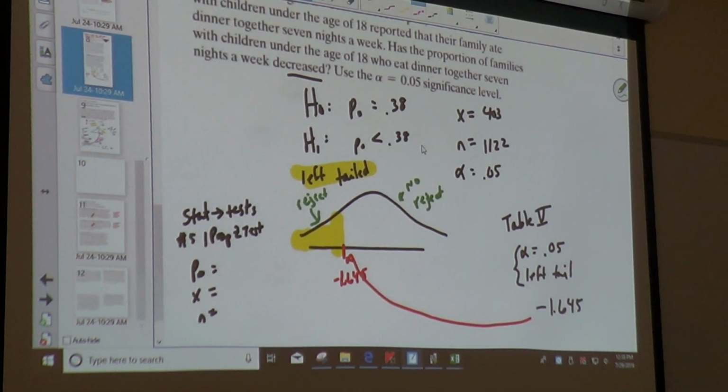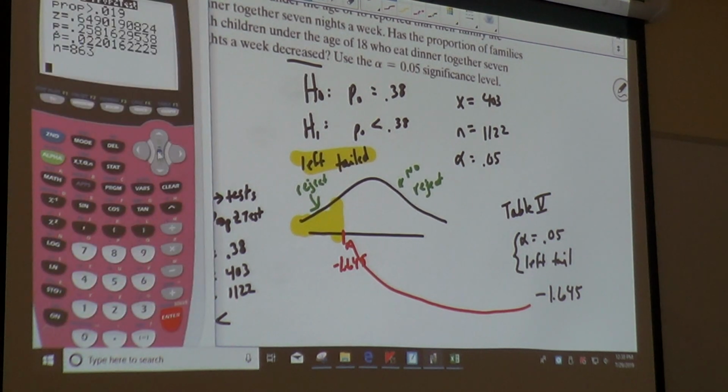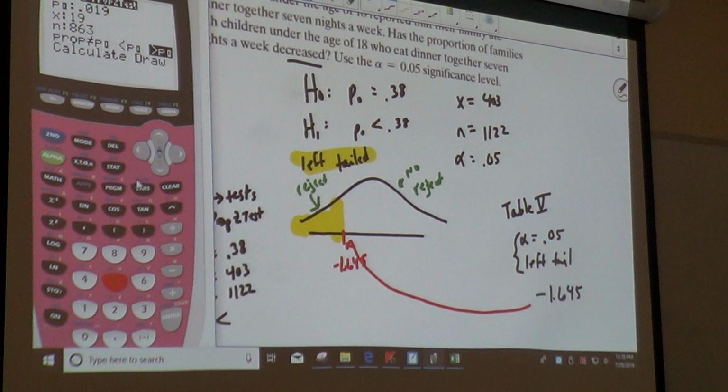So now I am going to go to stat test number 5, one proportion z-test. What am I going to put in for p sub 0? 0.38, and my x is going to be 403, and my n is going to be 1122, and I'm going to highlight the less than.